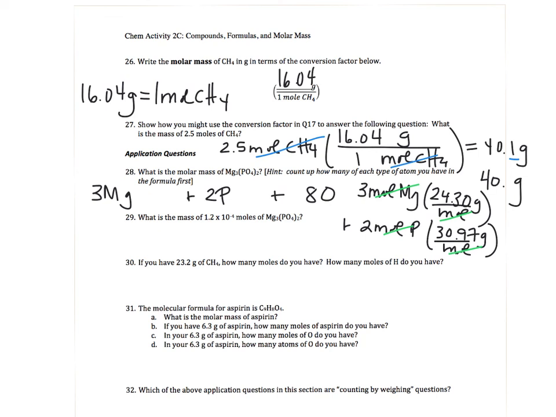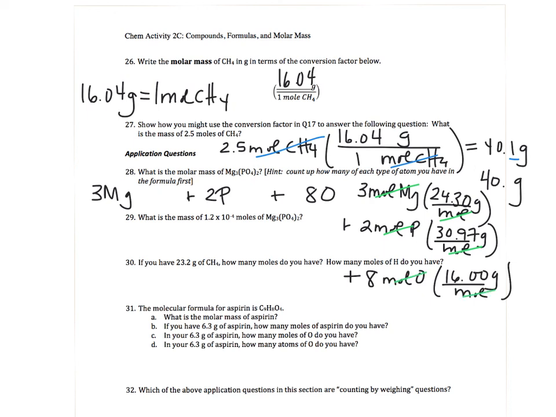Plus, I'm just going to write down here because I've got space, 8 moles of oxygen, and there are 16.0 grams per mole for oxygen. And again, the units will cancel.